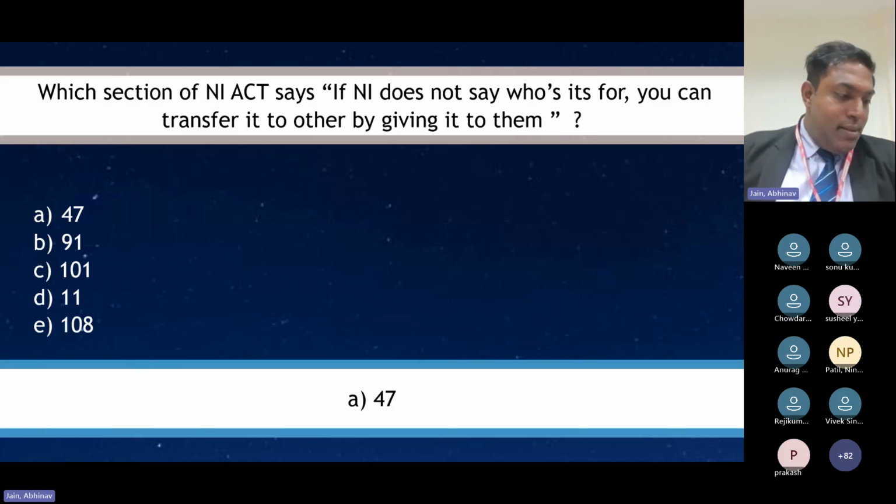Section 47. Please do remember this. Section 47. If an NI does not clearly state for whom it is, you can transfer it to another by giving it to them. It is clearly defined under Section 47 of NI Act 1881.